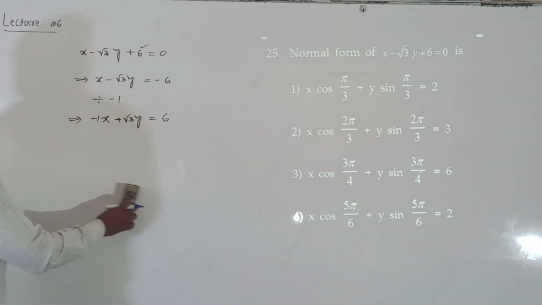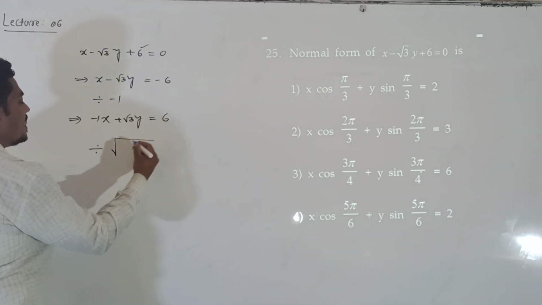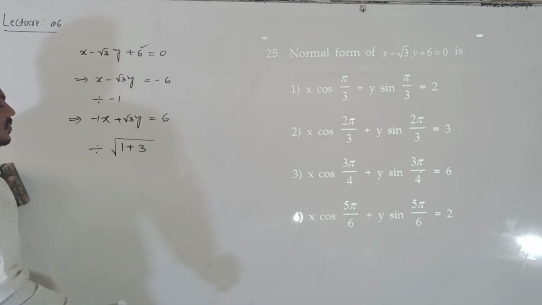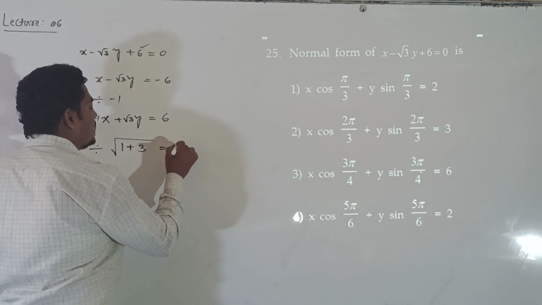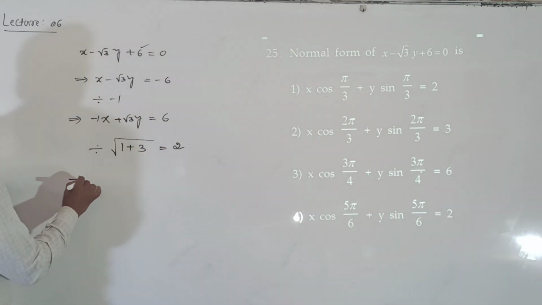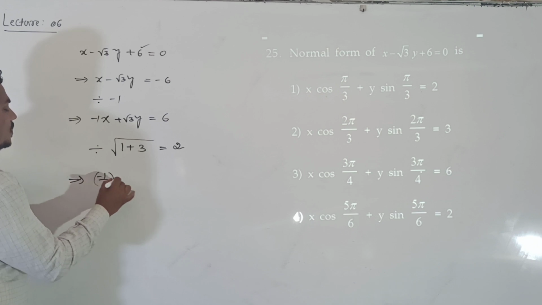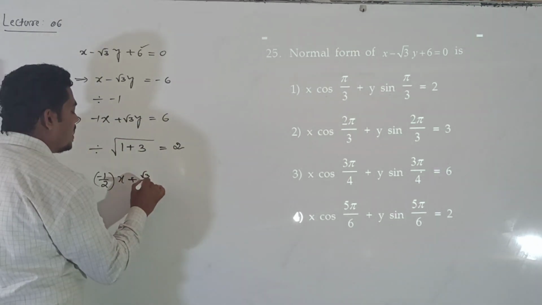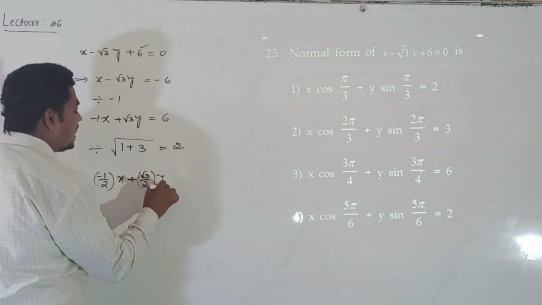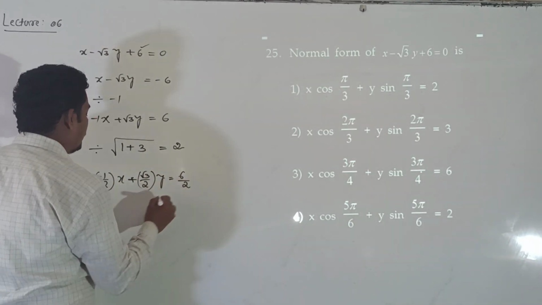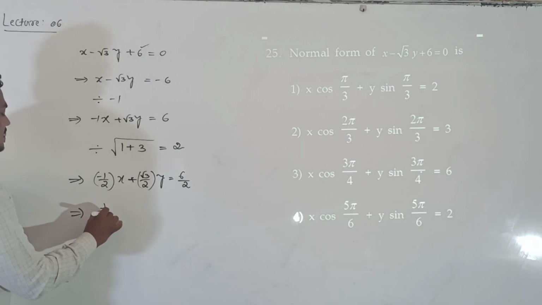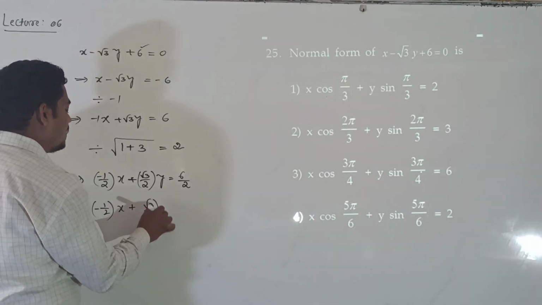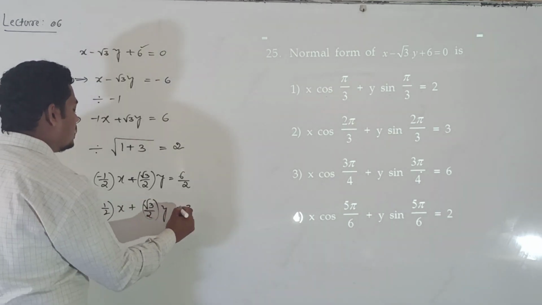After that, what do we do? Divide throughout the equation by the square root of coefficient of x whole square plus coefficient of y whole square, that is equal to 2. Then minus 1 by 2 into x plus root 3 by 2 into y is equal to 6 divided by 2, that is 3.